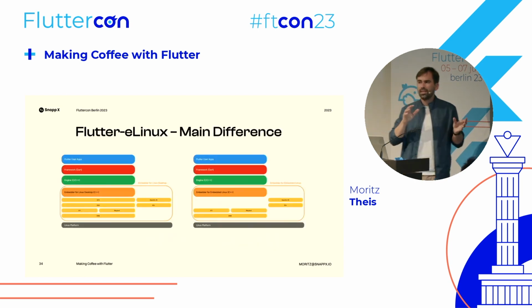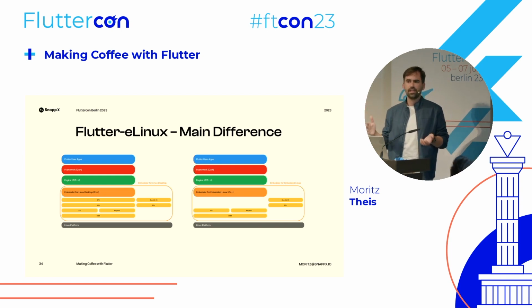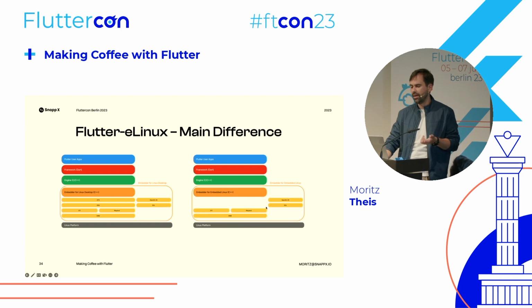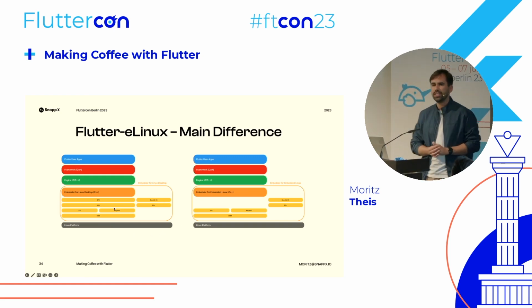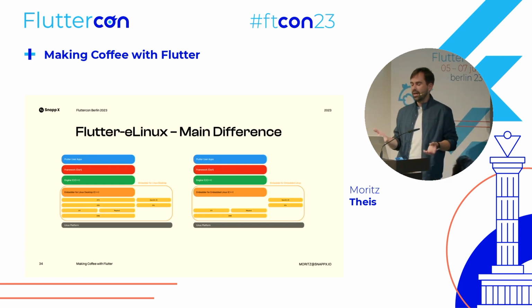So with that knowledge, we can now look at the main difference between the classical Flutter embedder and the embedder from Sony. The embedder from Sony is not dependent on GTK and GDK in version 2 and 3, which Flutter desktop is heavily dependent on.